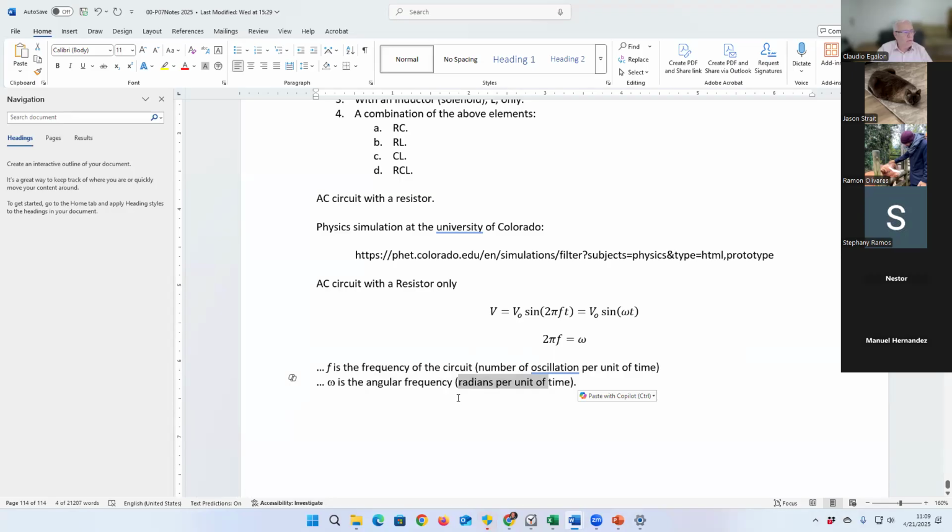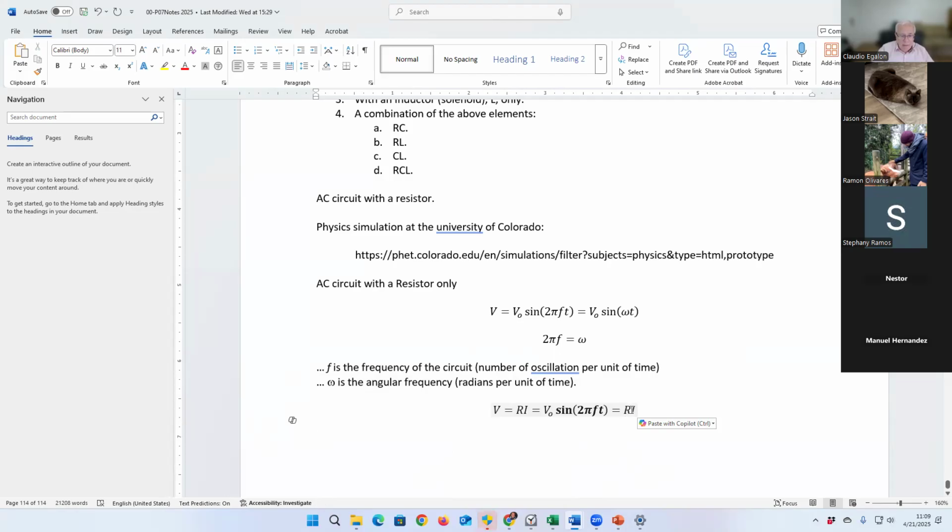When you have a resistor in the circuit, we can find out what the current in the circuit is going to be. And we do that by using Ohm's law, right? Ohm's law is V equals R times I. Ohm's law applies to an AC circuit.